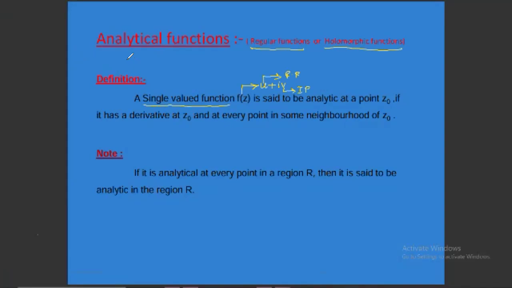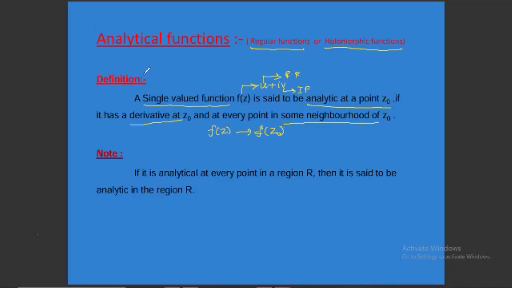This f of z is said to be analytic at a point z0 if it has a derivative at z0. That means f of z has some derivative at z0 and at every point in some neighborhood of z0 also.